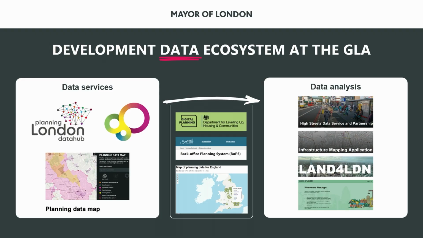What this has meant is that we have a really strong basis of open data in London, and you can use most of the data out of these platforms yourself freely on APIs. But for us, it's meant that we've been able to develop a series of products that help us plan for the future of London. It also enables us to engage the communities better in the planning system.